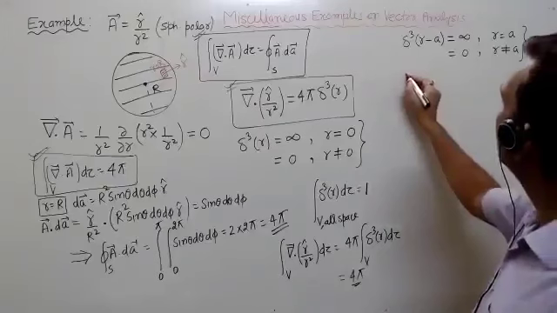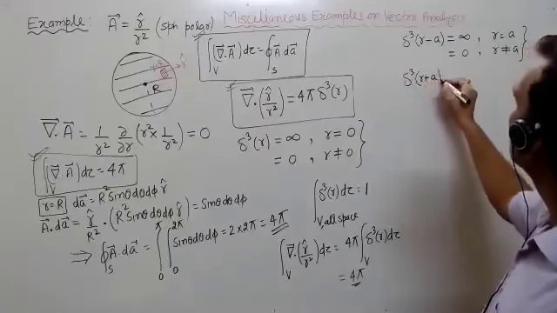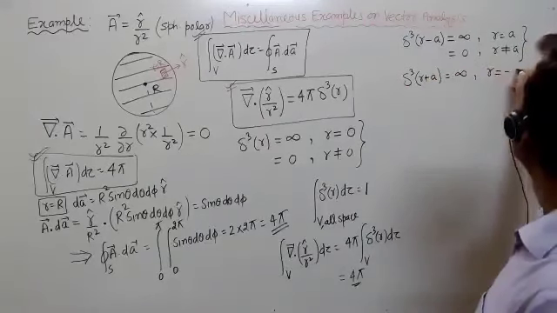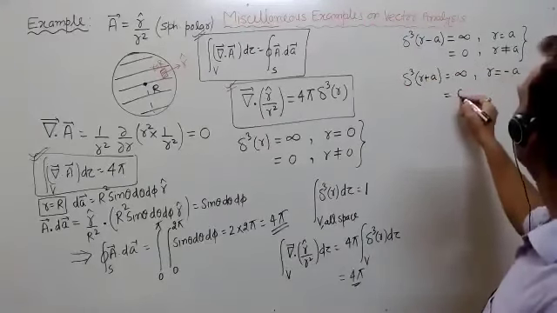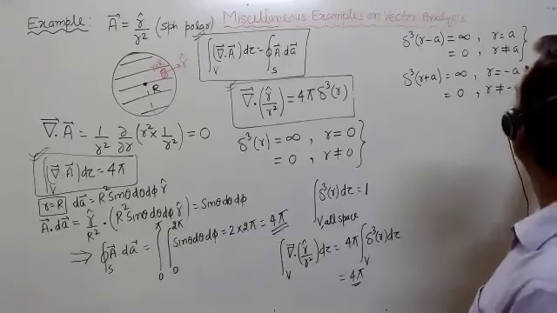Or you can define delta r plus a also. So this will be infinity when r is equal to minus a, and 0 when r is not equal to minus a.